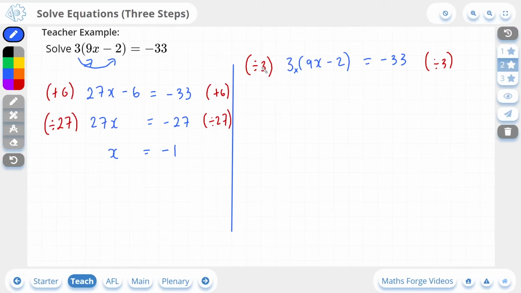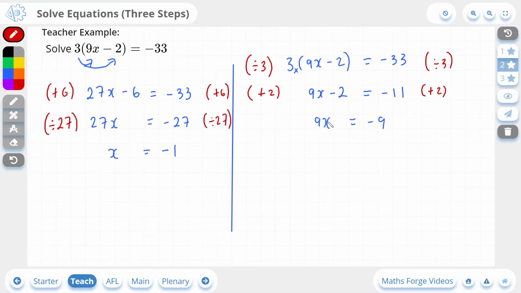The 3 divided by 3 gives us 1, and 1 multiplied by anything just gives us the same value. So 9x minus 2 stays as it is. And then minus 33 divided by 3 is minus 11. And now we can go ahead and solve this equation like a normal two-step equation. We're going to add 2 to both sides first to get rid of this minus 2. This is going to leave us with the following, 9x, which is equal to minus 11 plus 2, which is minus 9.